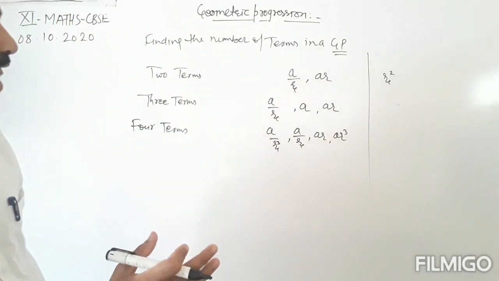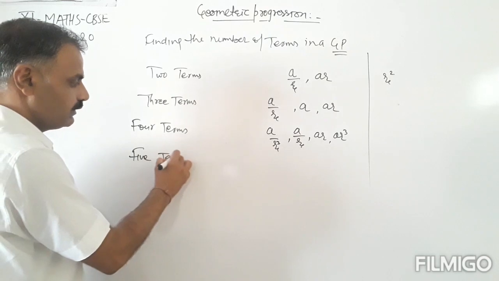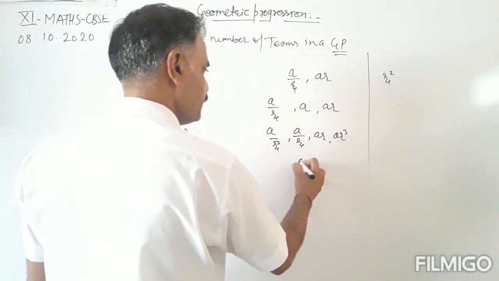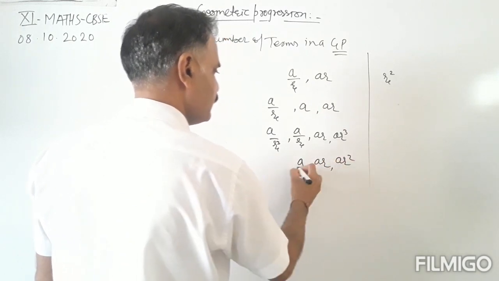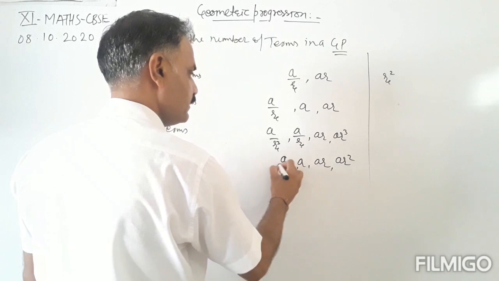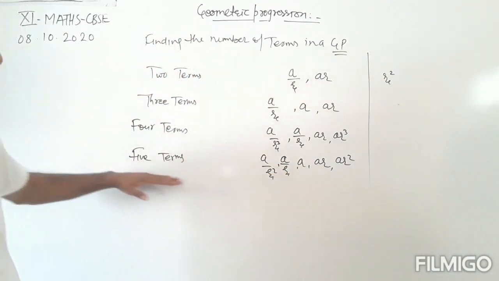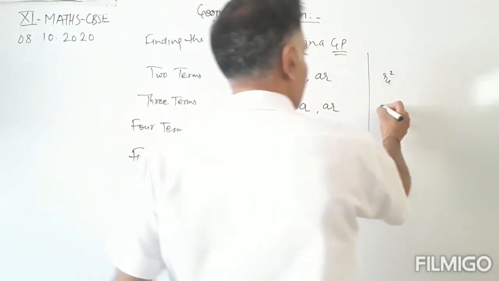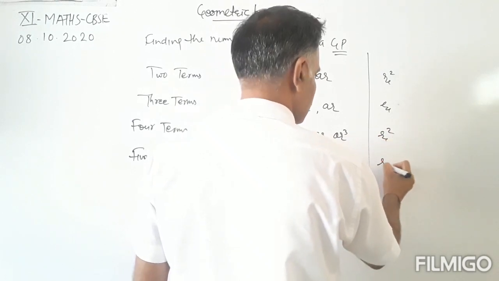These are four terms. And five terms: if we want to find five terms of a GP, then the five terms are a/r square, a/r, a, ar, and ar square. So these are five terms. Here the common ratio is r, here the common ratio is r square, here the common ratio is r.